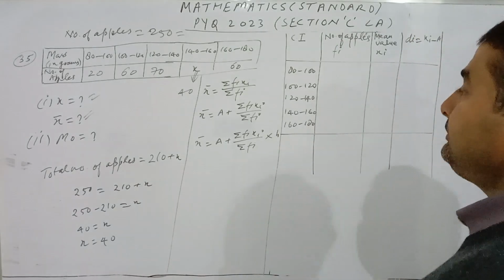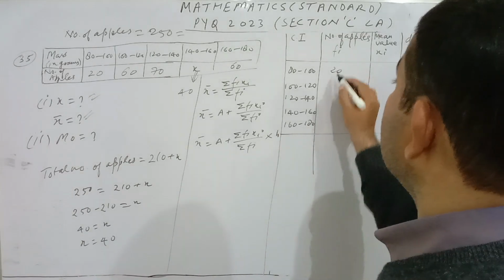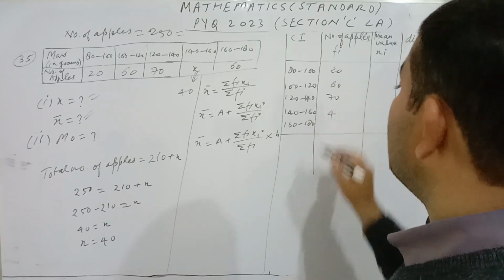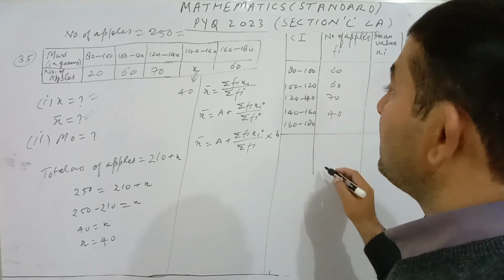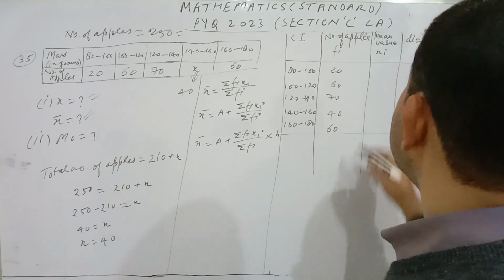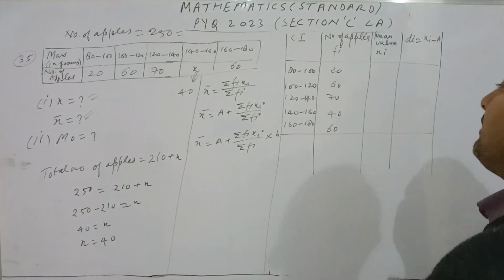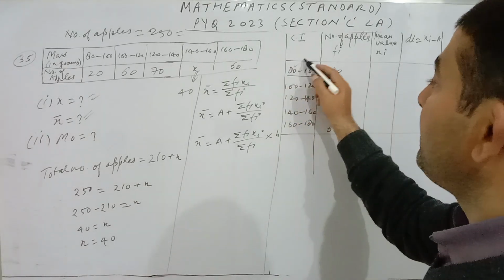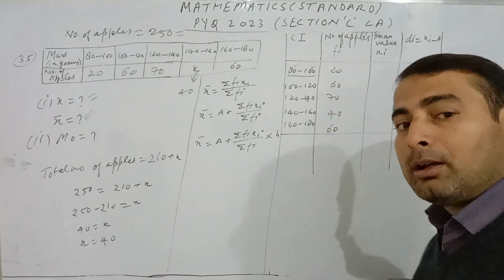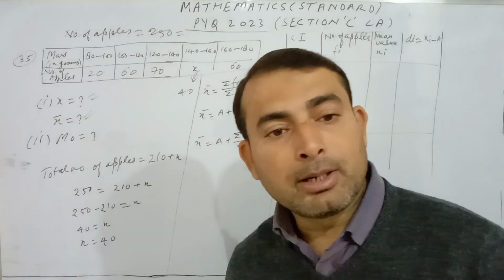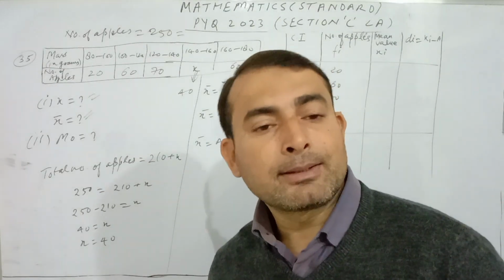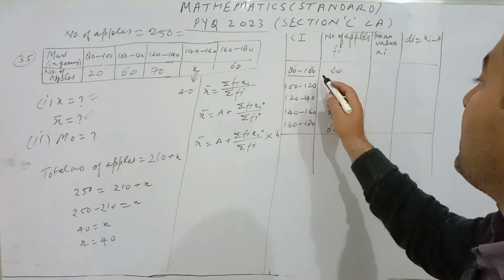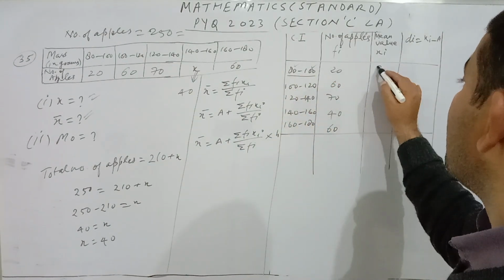Okay, fi is given here 20, 60, 70, and x is found out here, 40, and it will be 60. xi will be the mean of these two values. This is the lower limit and this is the upper limit. When the sum of lower limit and upper limit is divided by 2, then the mean value xi is found out. So it will be 50 plus 100 is 150, and 150 divided by 2 will be 75.